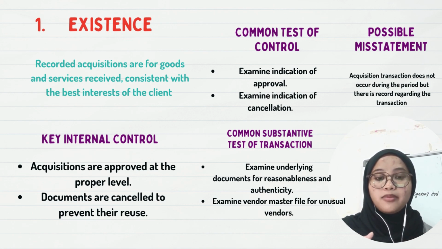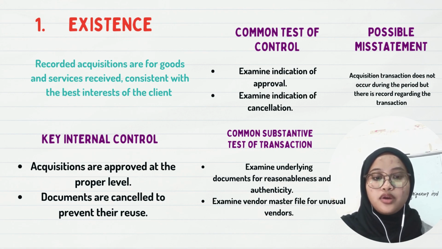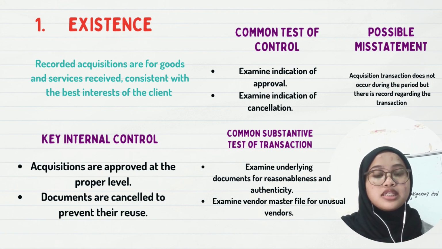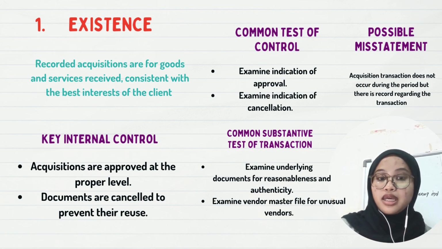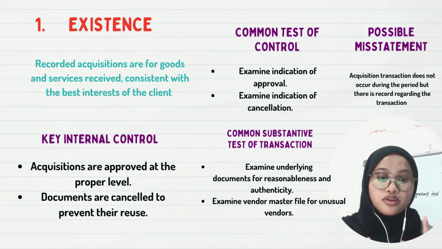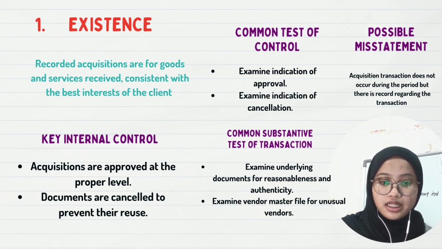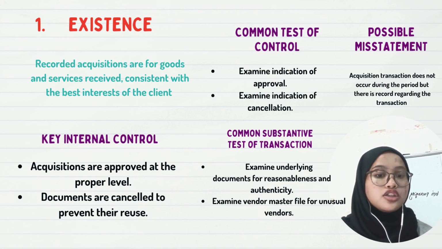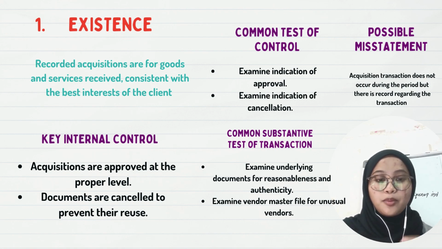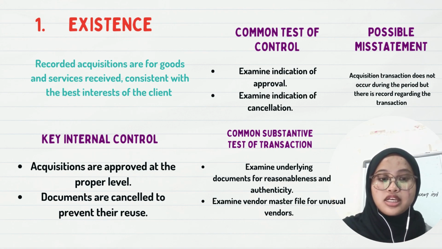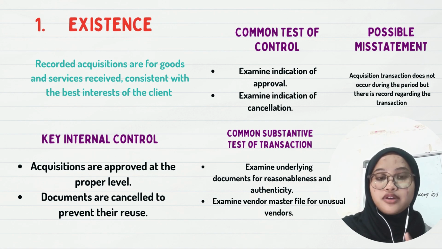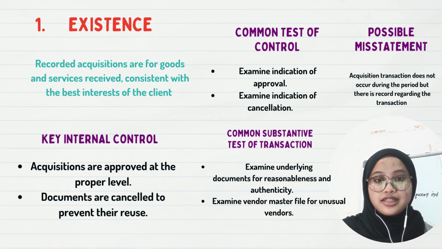Meanwhile, for the common substantive test of transactions, we will examine underlying documents for reasonableness and authenticity, and also examine the vendor master file for unusual vendors. The possible misstatement for this is that an acquisition transaction did not occur during the period, but there is a record regarding the transaction.